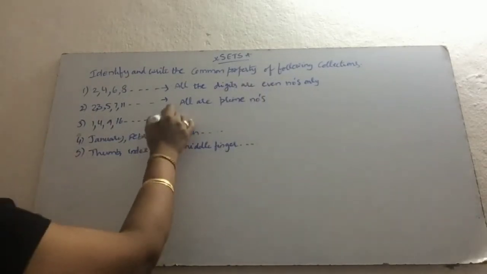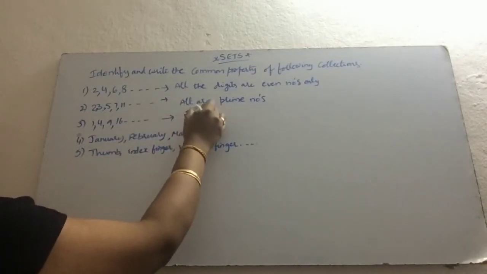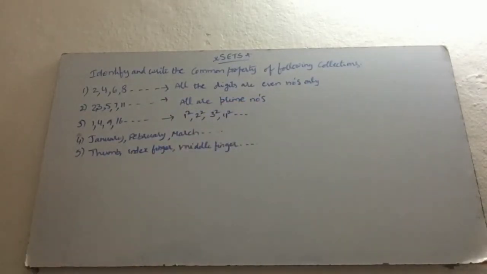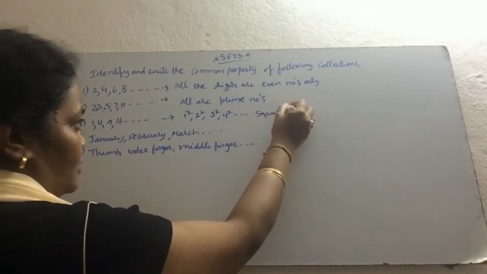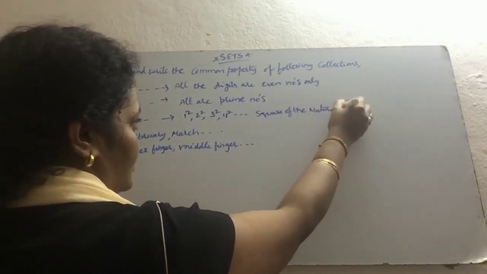And in the third one, observe: 1 square, 2 square, 3 square, 4 square and so on. That means squares of the natural numbers.